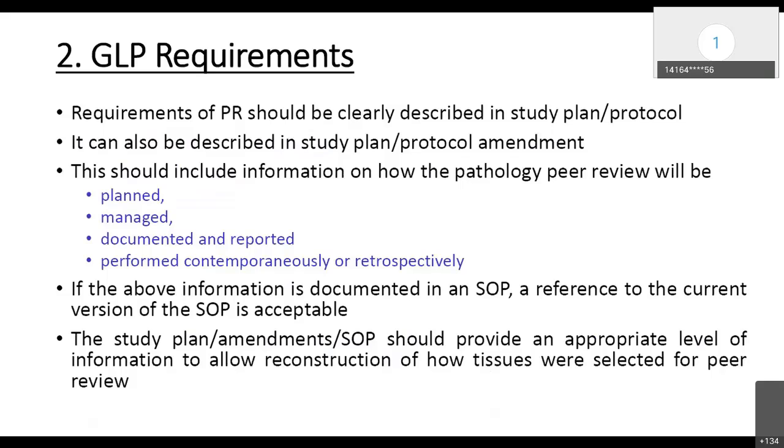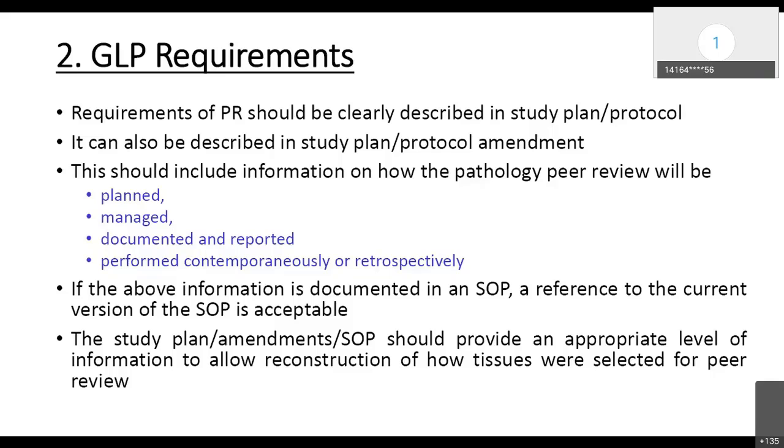Before performing the peer review process, peer review processes are to be clearly described in the study plan or study protocol. And if for any reason it is not described in the study plan, then it can also be added by taking a study plan amendment or study protocol amendment. Normally, the OECD principles use study plan as the terminology, but very frequently protocol is also used by many investigators.